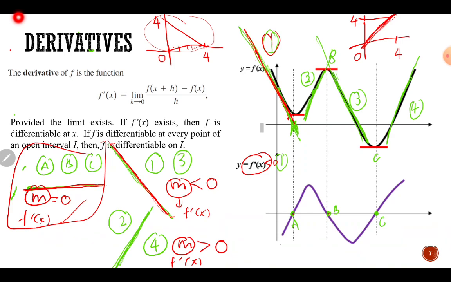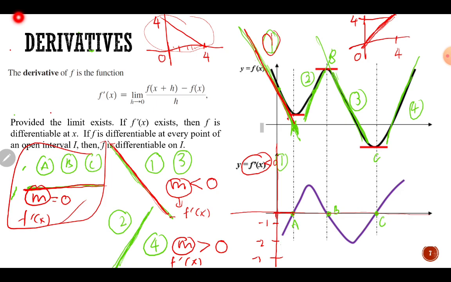So that's why, ni kan f prime x, value y kita ni, f prime x kita sepatutnya kalau negatif, dia berada di bawah x axis lah. Ni kan negatif. Okay, this is negatif 1, negatif 2, negatif 3 and so on.